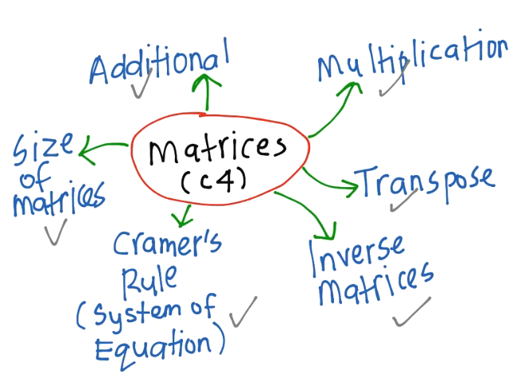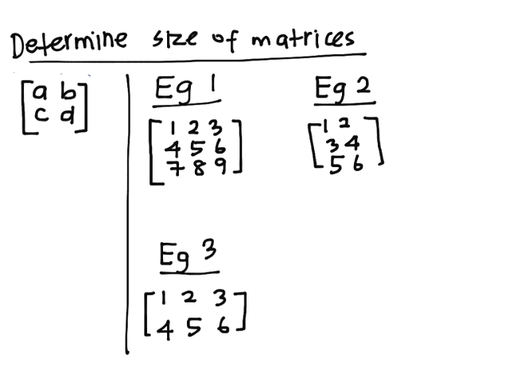The first subtopic is about how we want to determine the size of the matrices. Let's say we have a matrix here with A, B, C, D. How do we identify the size of the matrix? First, we need to calculate how many rows we have.